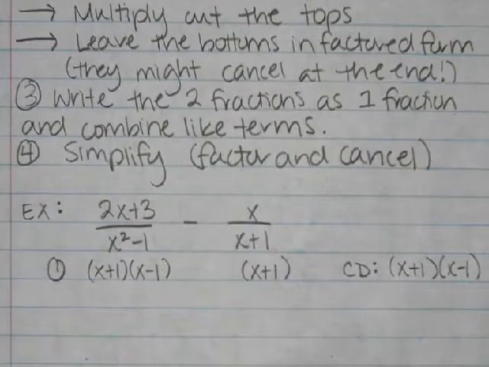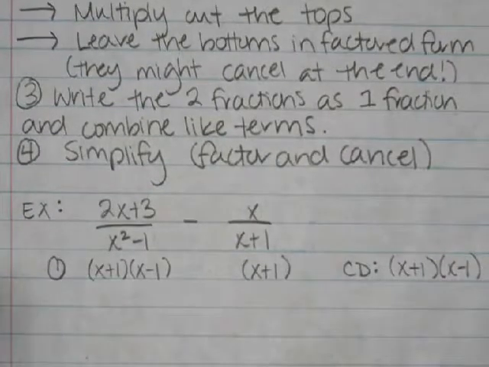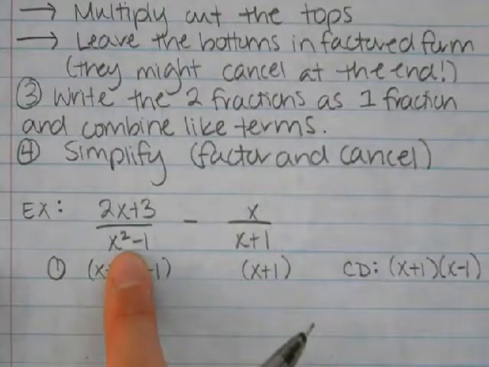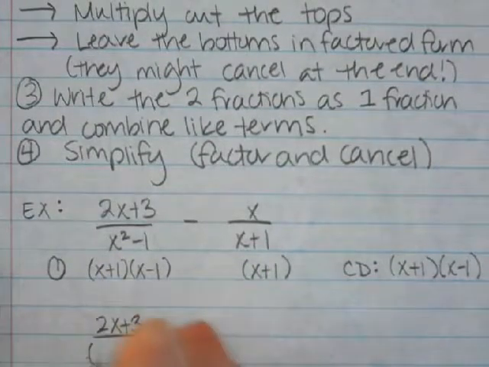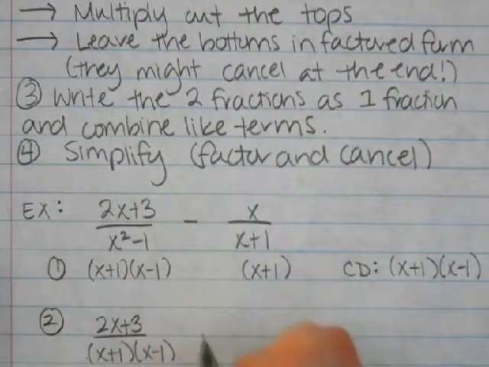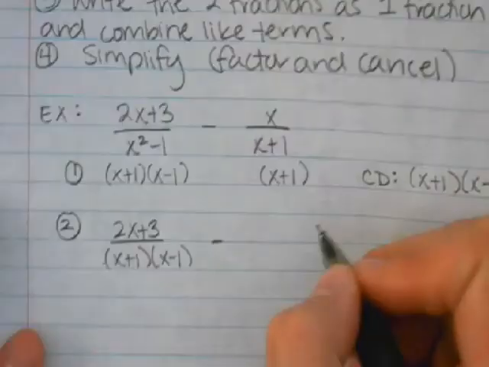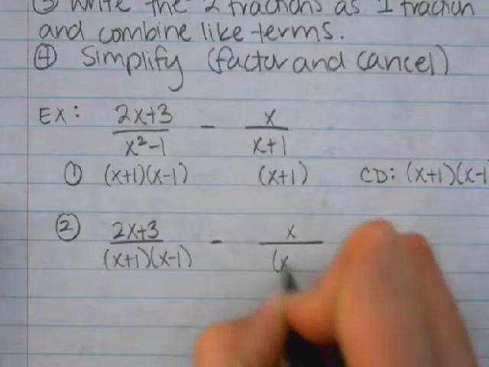Now you gotta plug it in. Make sure that both of them have the common denominator. So I'm going to go ahead and rewrite this so that my notes make sense. This is step 2 we're doing.